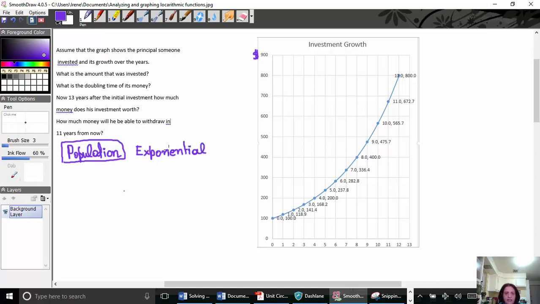Someone has invested his money, some principal, on a specific investment, and he follows the growth of this investment over the years.